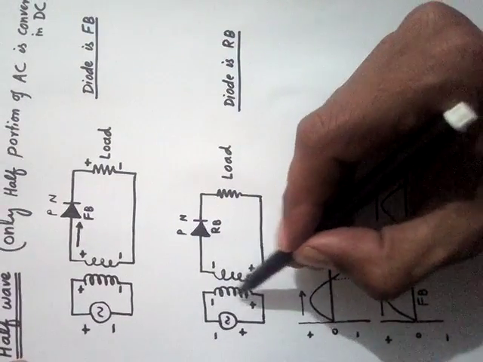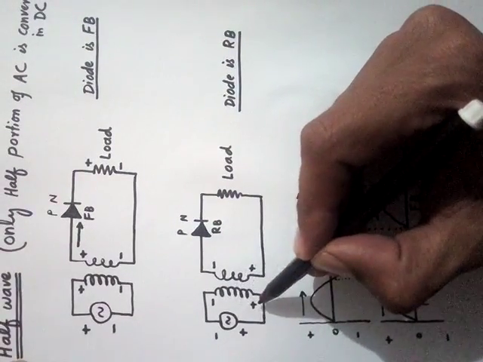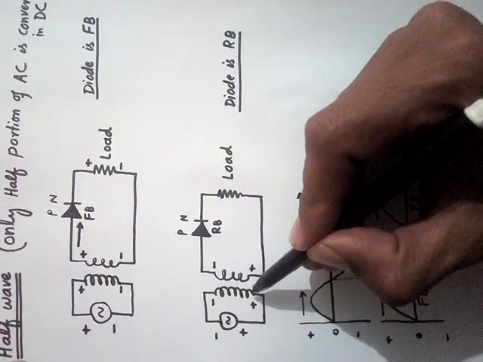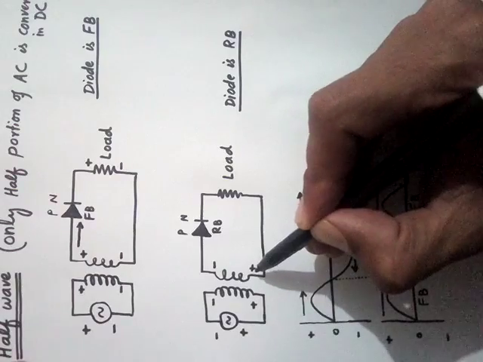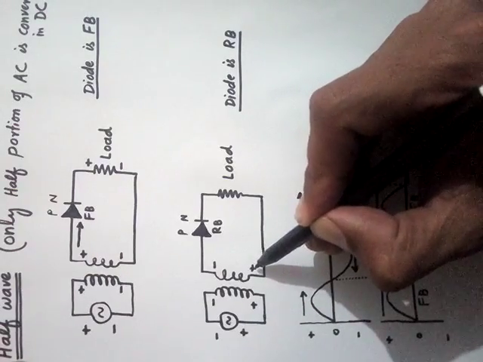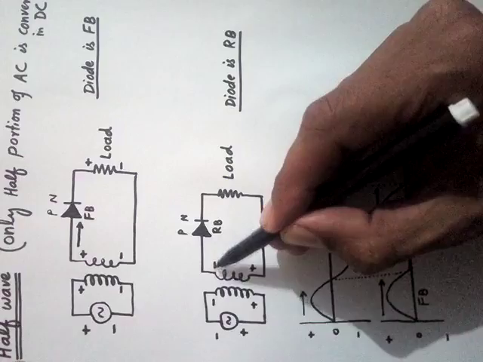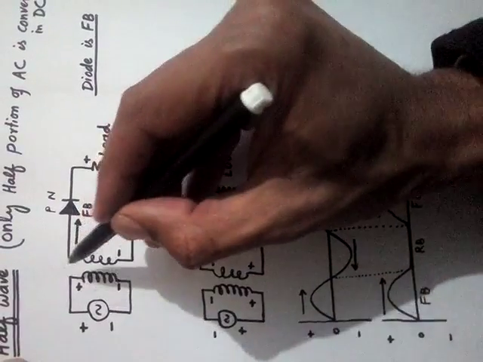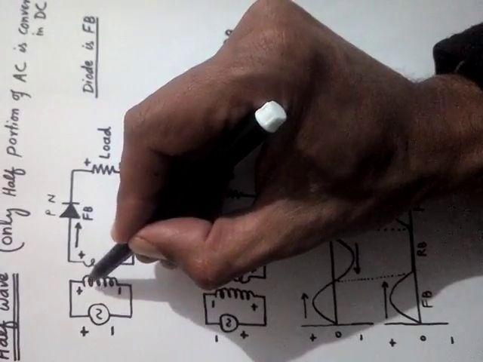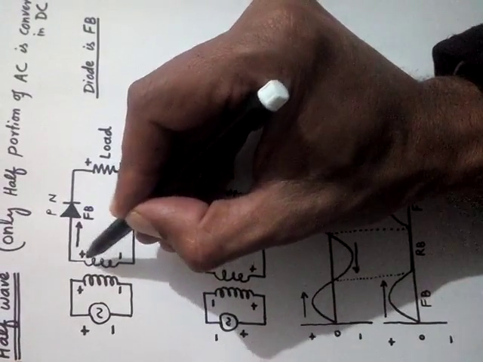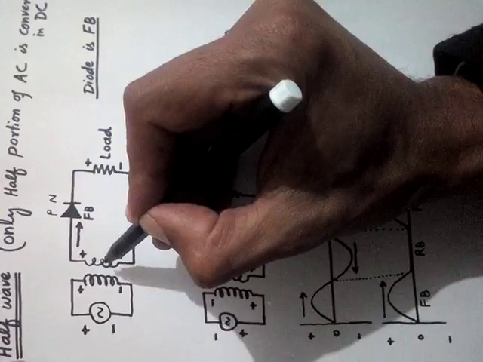The polarity in the primary coil also changes. According to Lenz's law, the secondary coil will make the same polarity on the same side. This side of the secondary coil will be positive and this side will be negative. You can see that this was positive in the primary coil, so this will be positive in the secondary coil because of Lenz's law.